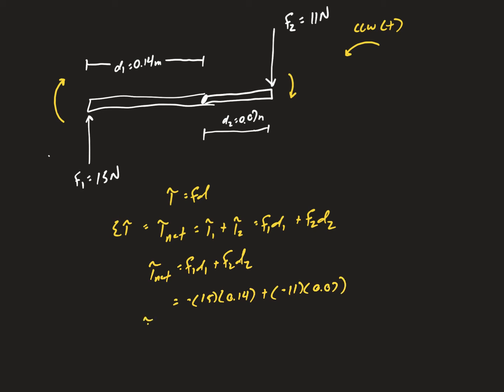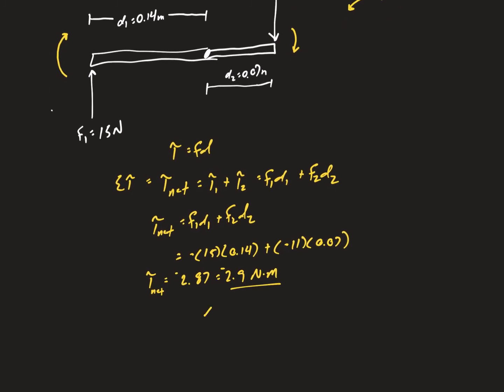So we get a net torque of about 2.87 or about 2.9 newton meters. And so a newton meter is a torque. I'm sorry, negative. This should be negative. So what that means is because that net torque is this way, whatever this object is, it's going to be rotating in a clockwise direction.